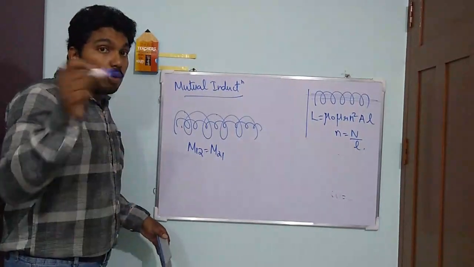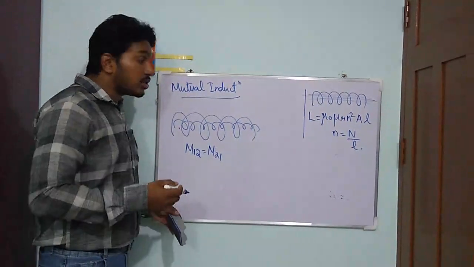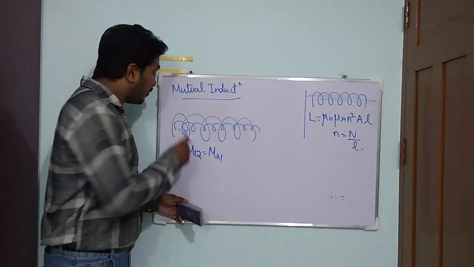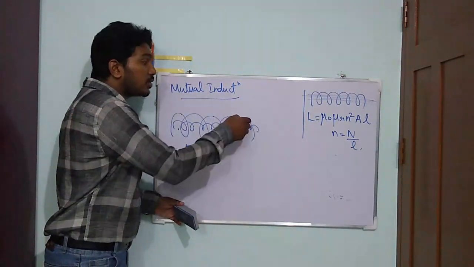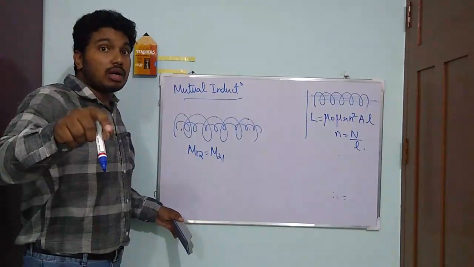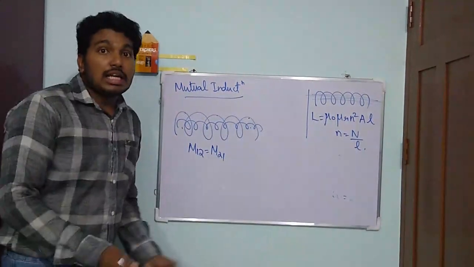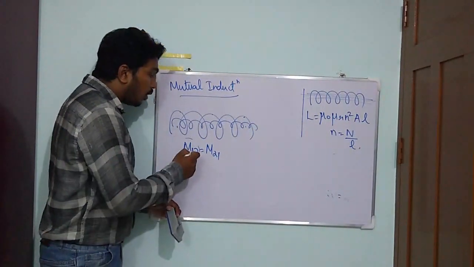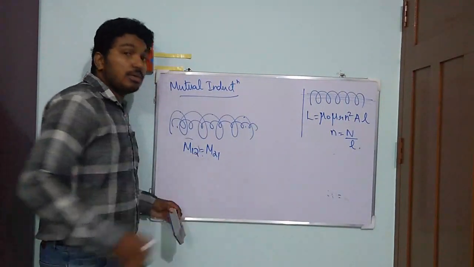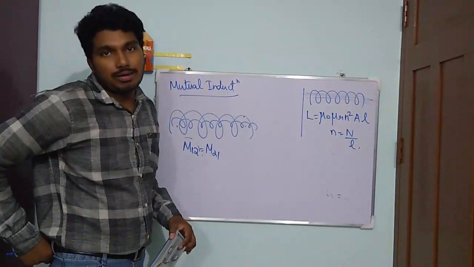The meaning is, this one is inducing an EMF in the smaller one, and the smaller one can induce an EMF in the bigger one. Whatever that value is, remember that the mutual induction of 1 on 2 is equal to the mutual induction of 2 on 1, right?